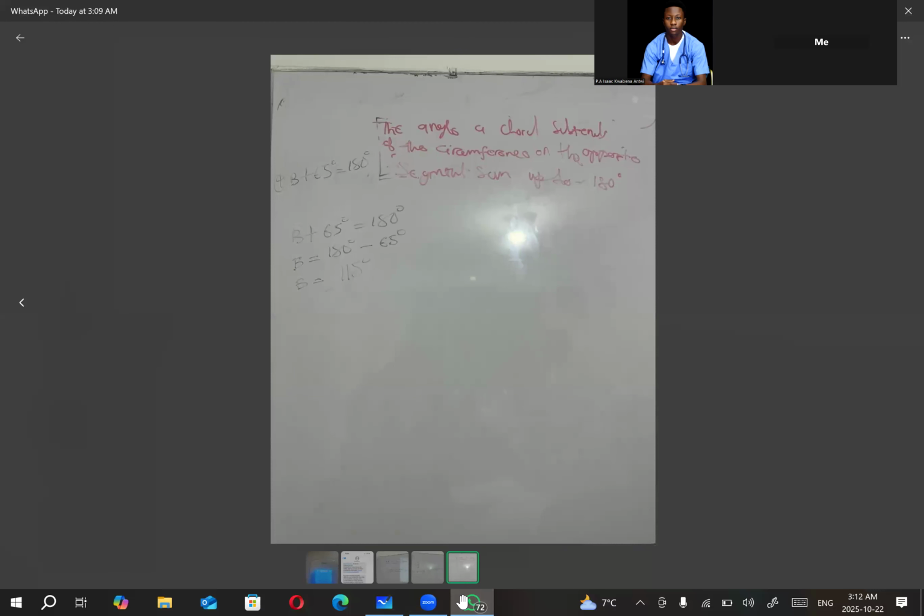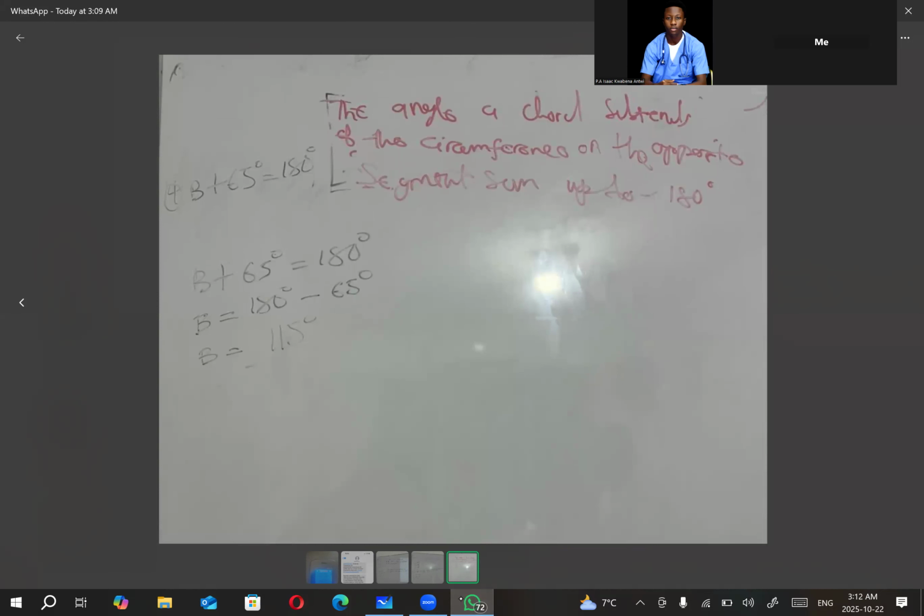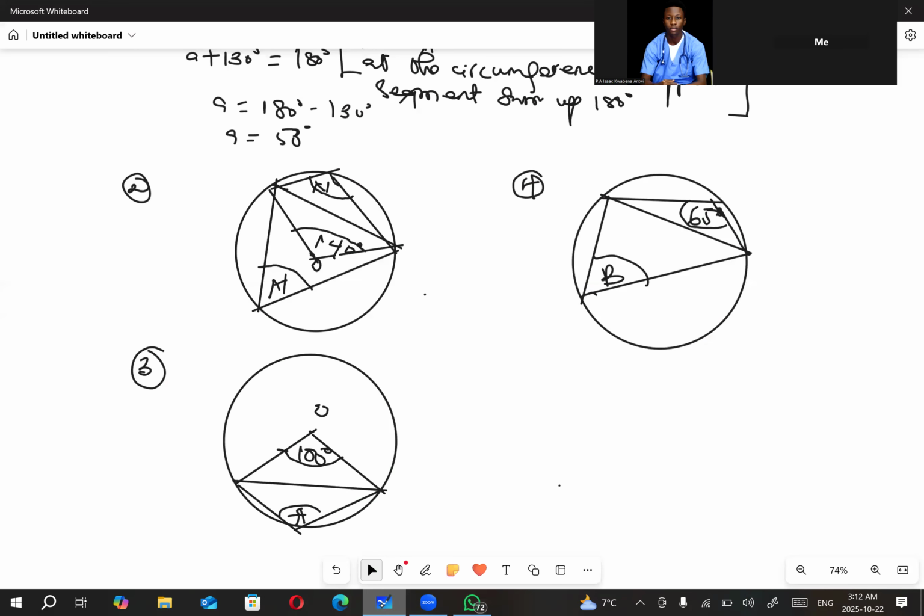The angles subtended at the circumference on opposite segments sum up to 180 degrees. So you just make b the subject. That'll be 180 minus 65, 115 degrees. So that's correct. Now, what's the problem with number 3? What's your response?